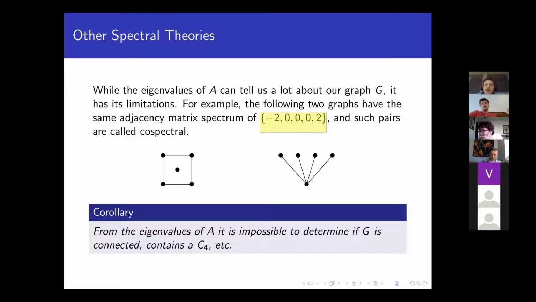So just from these eigenvalues, you could not say with certainty whether the graph is connected or not. Similarly, you can't say whether the graph contains a 4-cycle or not, whether it contains a vertex of degree 4 or not, and so on and so forth. So any example where you have two non-isomorphic graphs with the same spectrum is going to be some limitation for the adjacency matrix.